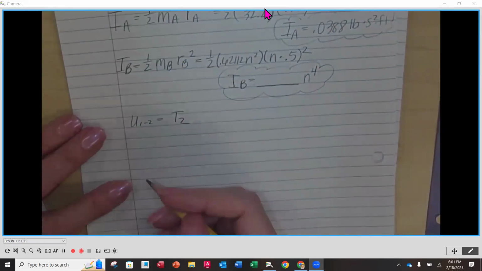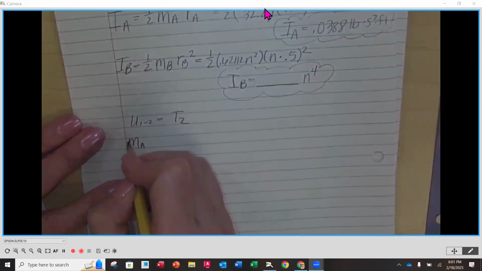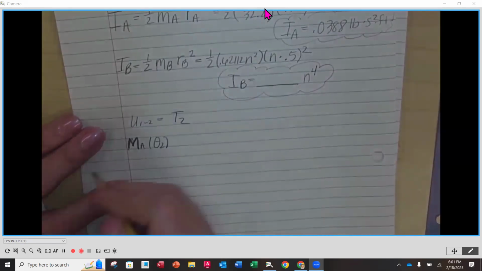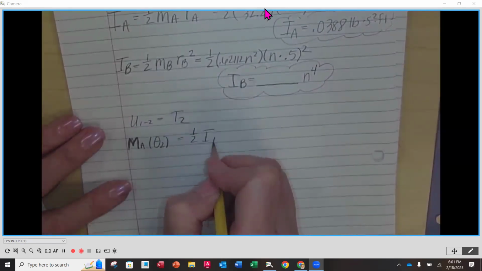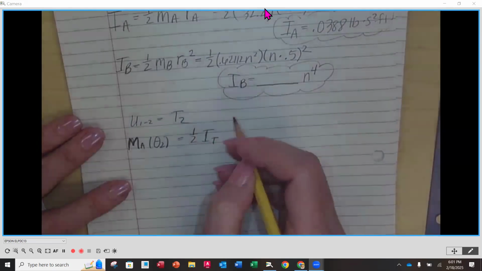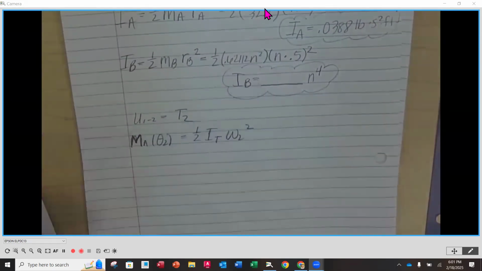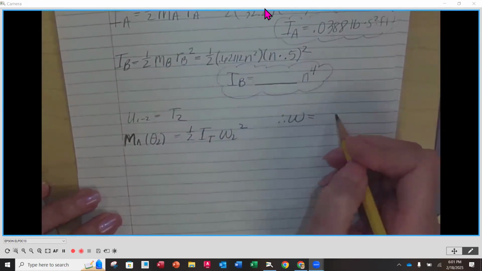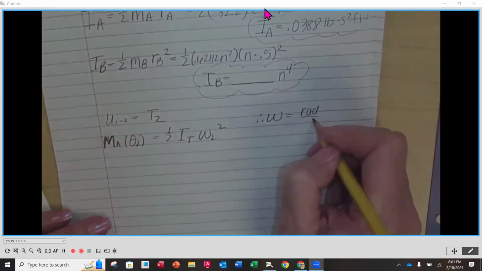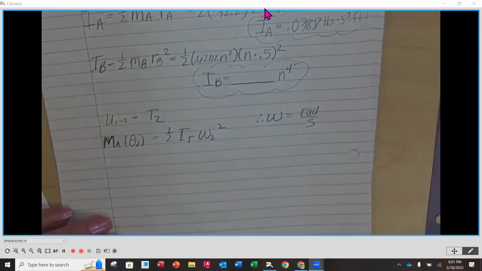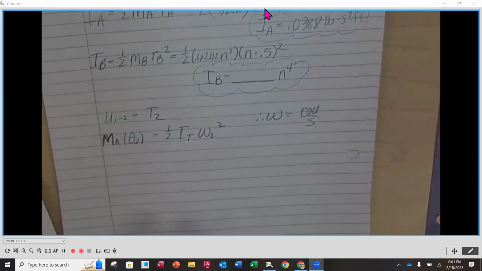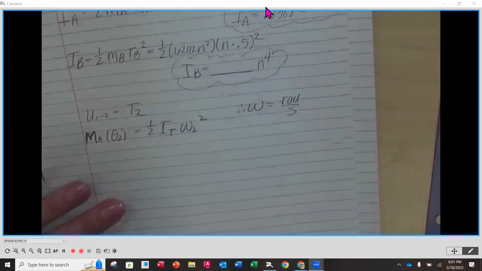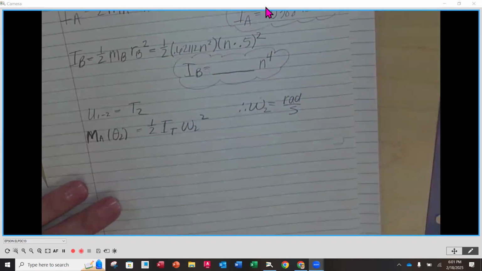We know that our work is the moment at A, capital M, times theta 2, equal to 1/2 I total omega 2 squared. Omega 2 needs to be in units of radians per second. You'll have to convert the 480 RPMs to radians per second.